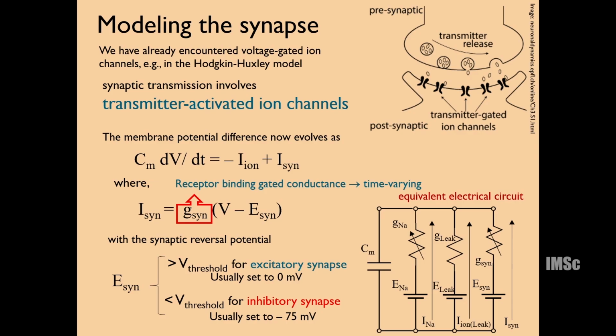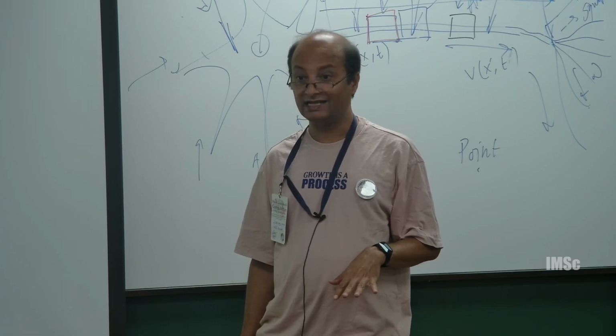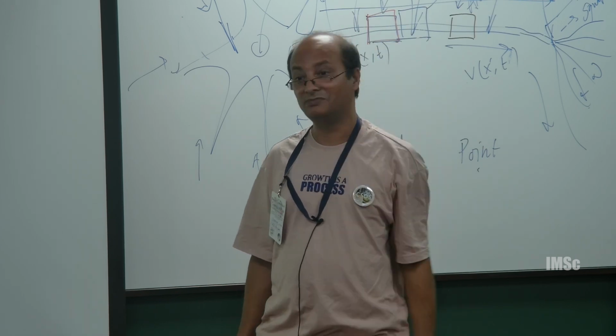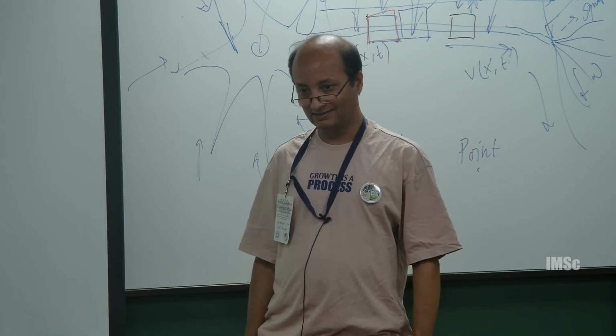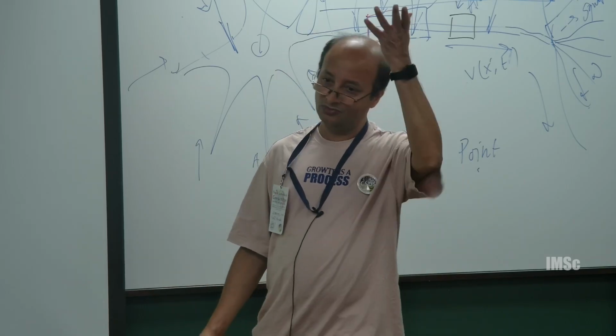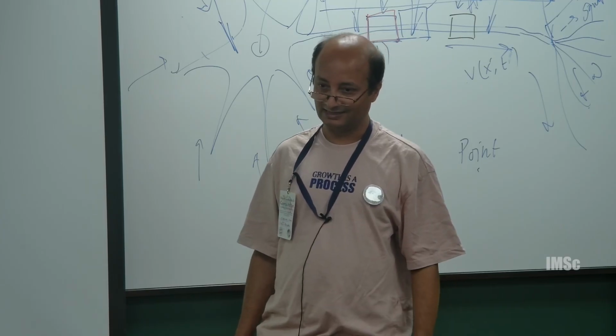So in inhibitory versus excitatory, you want it to react differently. In the inhibitory one, you want to make sure that you depress the neuron state such that it is incapable of giving an action potential even if it is receiving excitatory stimulus from other neurons. Whereas in excitatory synapses, you want it to be capable of giving action potentials even if it is not receiving any signals from other synapses.